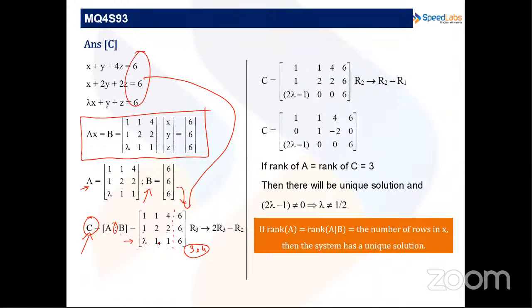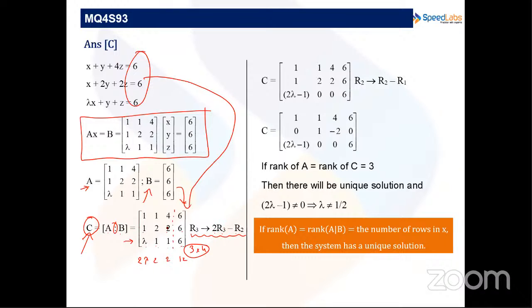Okay, so how can we make the zeros in the third row is, we have applied this operation on R3, 2 times R3 minus R2. So if we multiply it by 2, this will be 2 lambda, 2, 2 and 12.